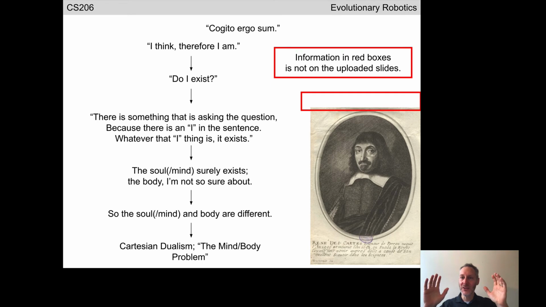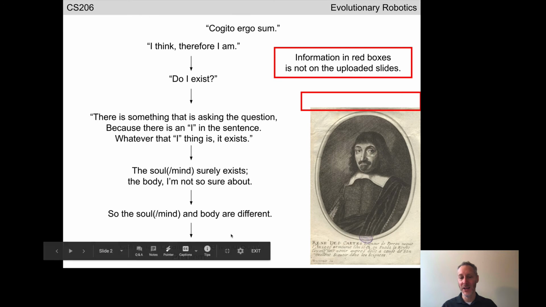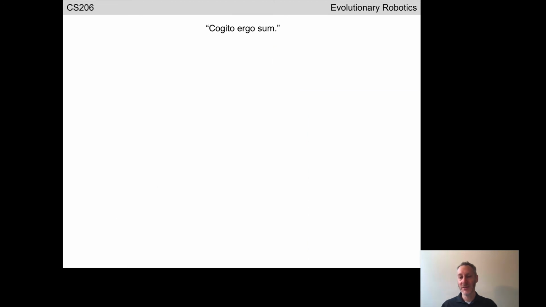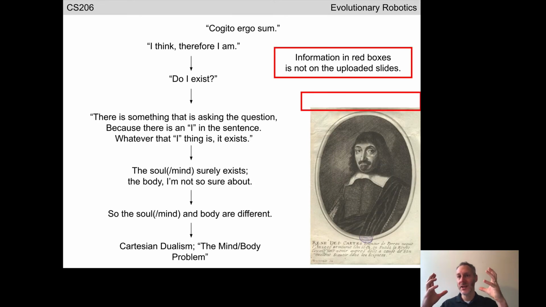So the very field of AI and robotics is already cut in half, and it's cut in half perfectly along the lines that Descartes created centuries ago. In my opinion, that is a problem. You cannot understand the nature of intelligence unless you study how body and brain work together to produce intelligent action. And we're going to study this idea in lecture 3 when we talk about the concept of embodied cognition.